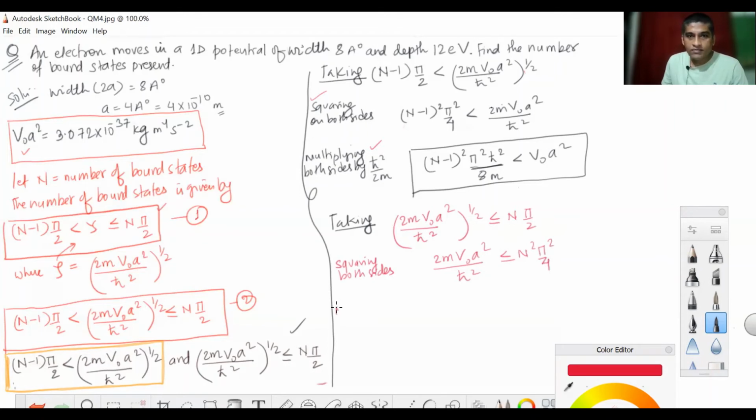Now again, multiplying both sides by h bar square by twice m. So we can write in this way: h bar square by twice m times V naught a square by h bar square is less than or equal to n square pi square h bar square by 4, and we have twice m.